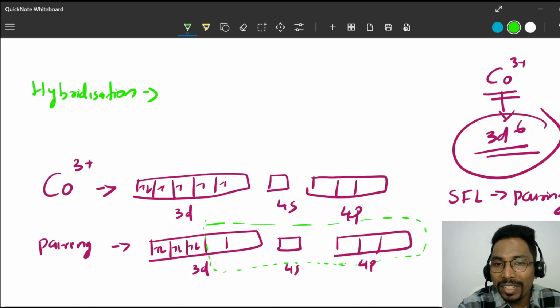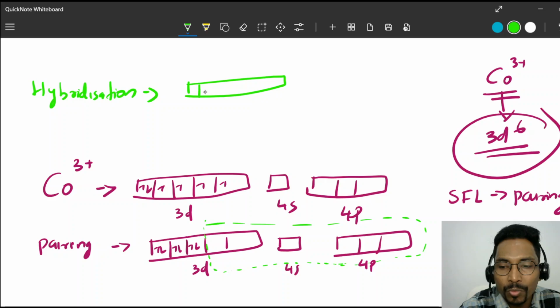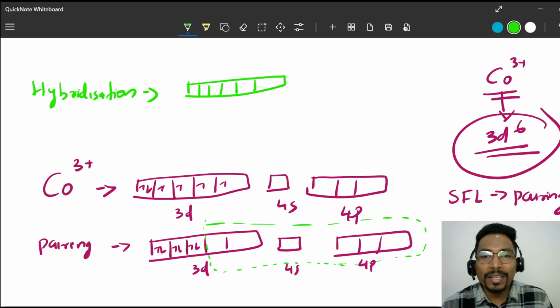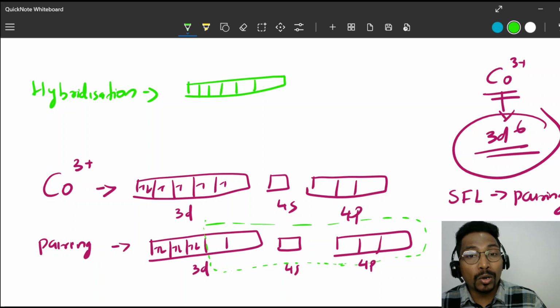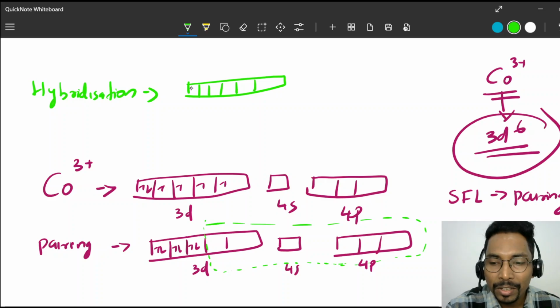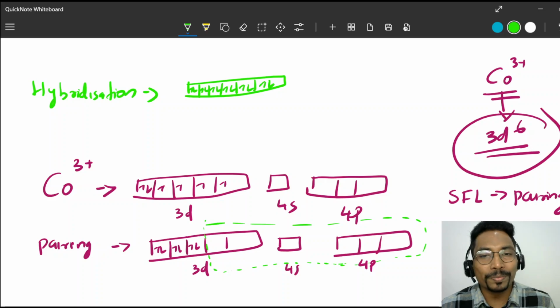How many orbitals are hybridized? 6 orbitals are hybridized. All these orbitals will have pairs of electrons, and these are the pairs of electrons from the ligands. So you can fill all the orbitals with 2 electrons each.